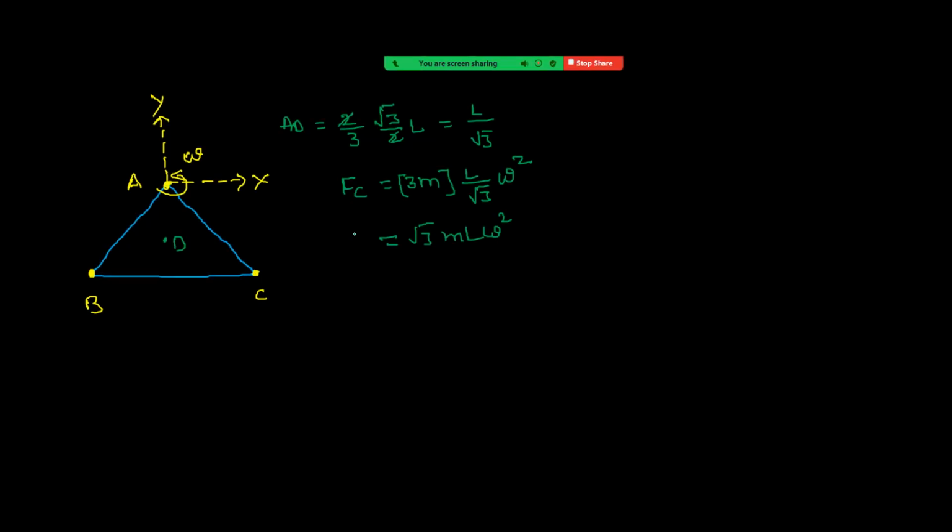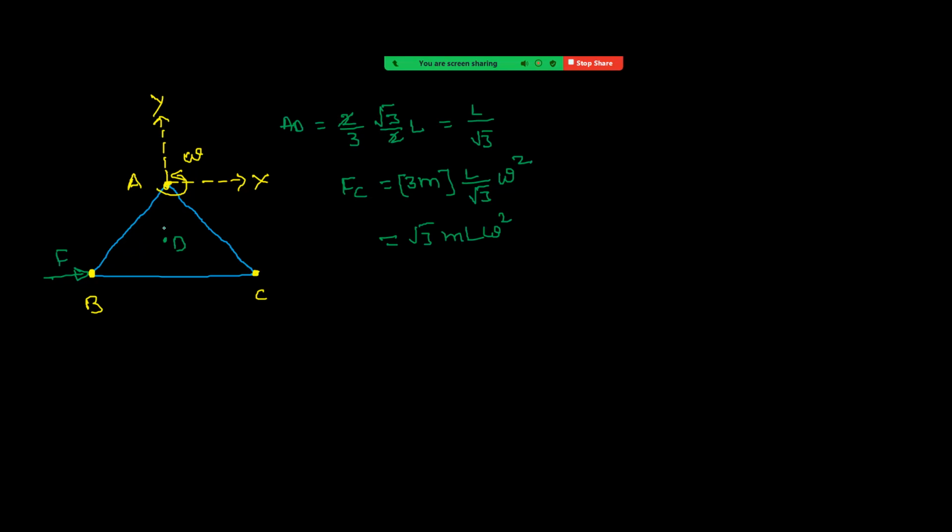Now the second part. At time t, when the side BC is parallel to the x-axis, a force F is applied on B along BC as shown. Now the second part: a force F is applied. Just after applying the force, we have to find the x and y components of the hinge reaction.